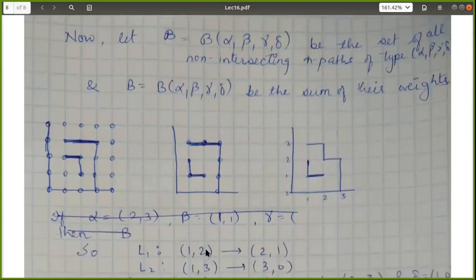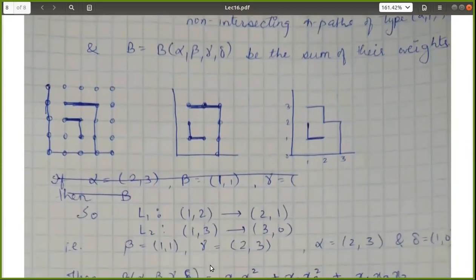First of all, once you understand this, what I have actually asked is that beta is the vector 1, 1, and gamma is the vector 2, 3.